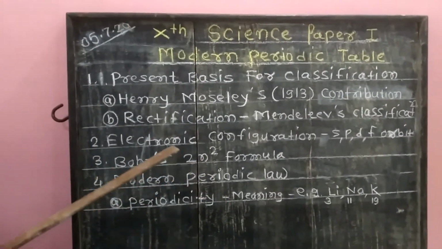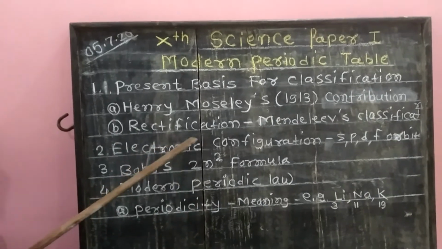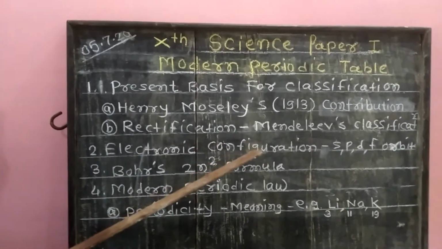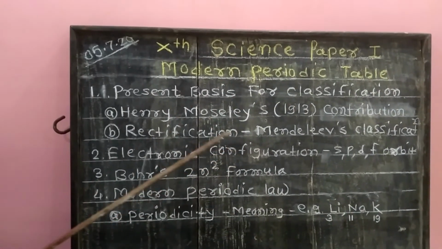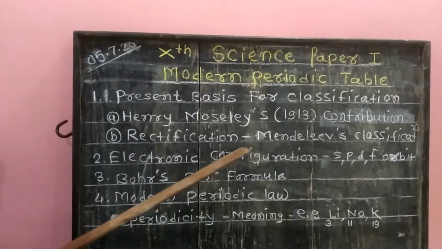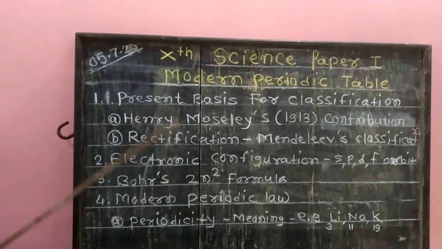The second is that all the atomic numbers gradually increase by one, whereas the atomic mass does not act like this.